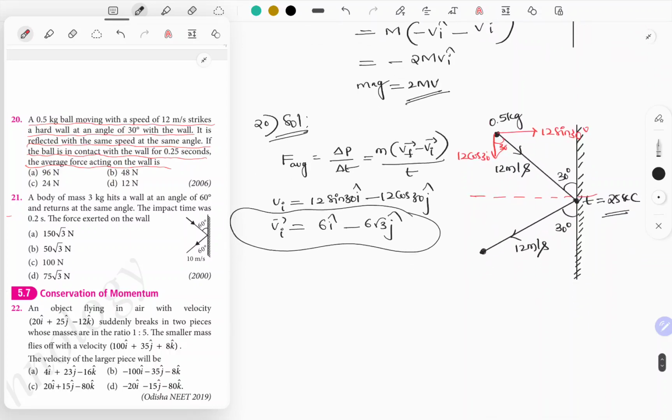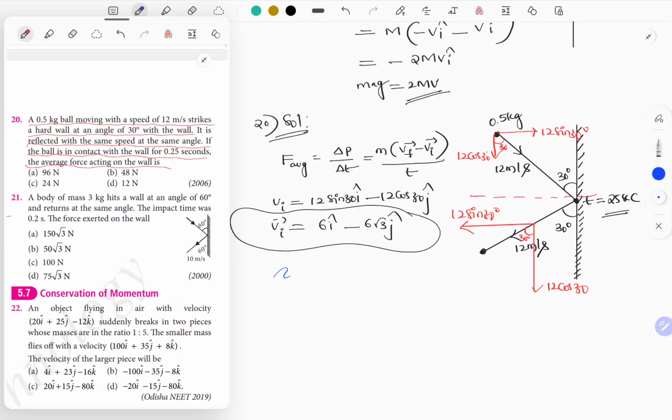Next, how to represent the final velocity? Let me divide that into two components, horizontal and vertical. As this is 30 degrees and this is also 30 degrees, we get 12 cos 30 and 12 sin 30. This is the way to divide it into two components.